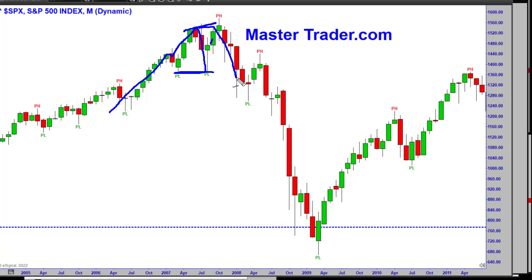So from the top, you don't get a crash. You get a sharp move to the downside, and then an attempt to go up. And here is what really looks like a pretty substantial type of crash scenario over the course of several months, which then became climactic here in 2009 and a V bottom, and it started an advance from there.